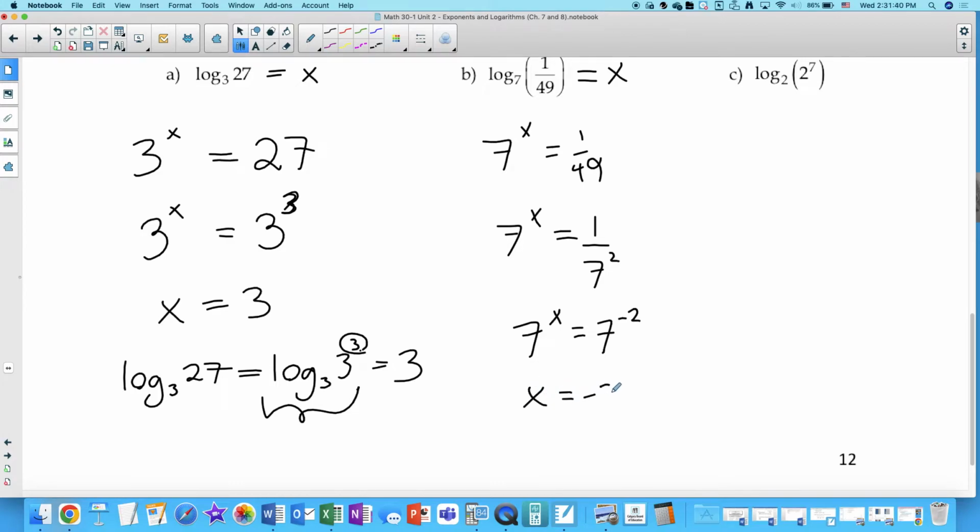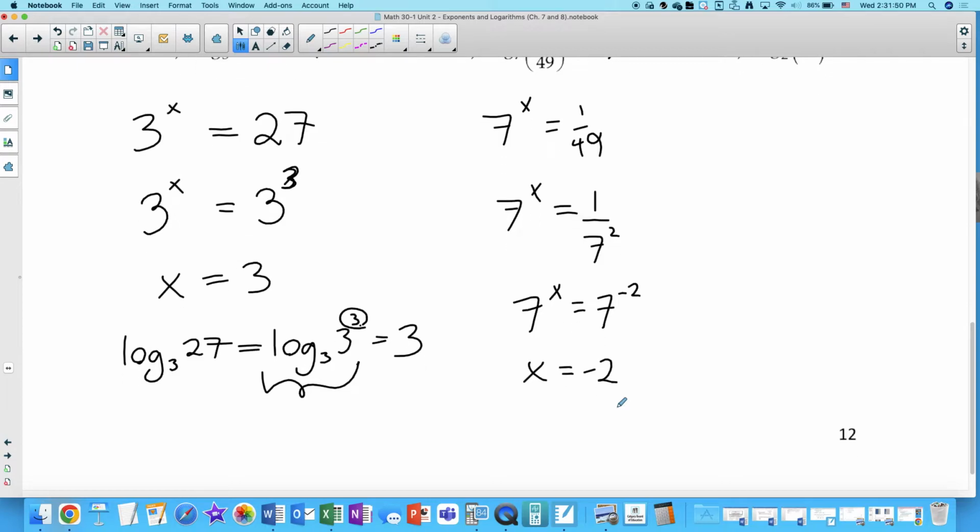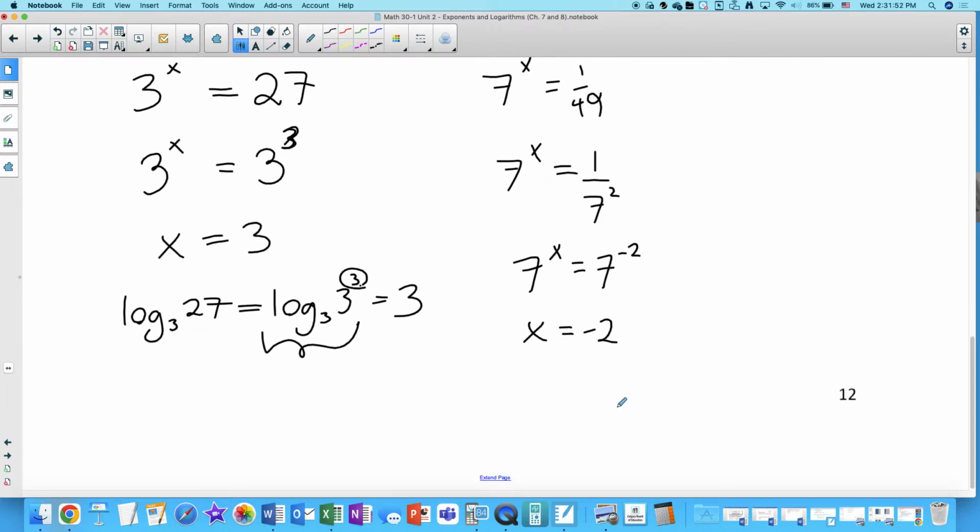Okay, no problem evaluating these this way at all. You can do this every single time if you want. But what I suspect will happen, because this is usually what happens, is that you will start to think that, okay, log base 7 of 1 over 49, I can write 1 over 49 as 7 to the -2. So I'm just going to think that's log base 7 of 7 to the -2. 1 over 49 is 7 to the -2.